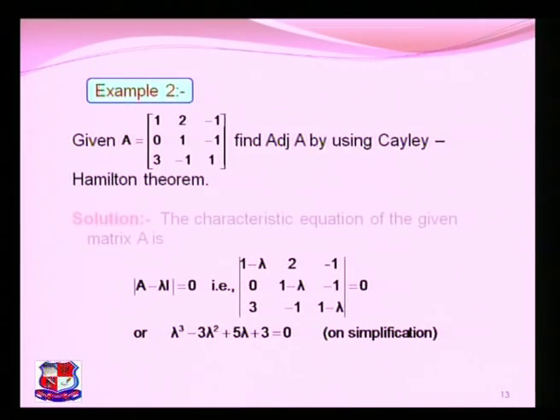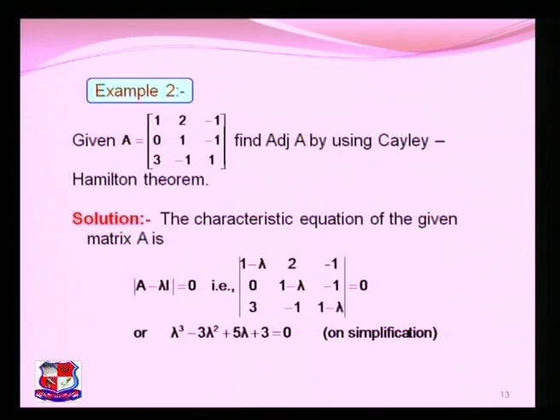Right, here the characteristic equation of the given matrix, that is determinant of A minus lambda I is equal to 0. So the determinant of [1 minus lambda, 2, -1; 0, 1 minus lambda, -1; 3, -1, 1 minus lambda] is equal to 0.